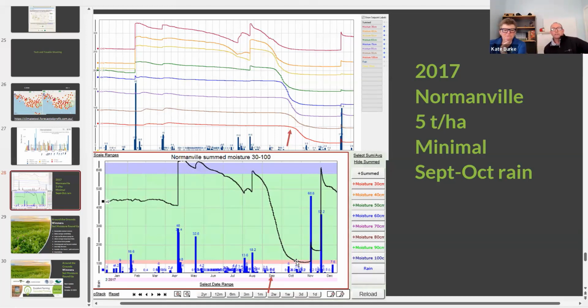So I think that just illustrates, from a field capacity to what can be drawn down in the absence of rainfall, and the separate stacked traces just illustrate where the moisture was initially drawn from, and then to go into the grain filling really working on the really deep moisture.